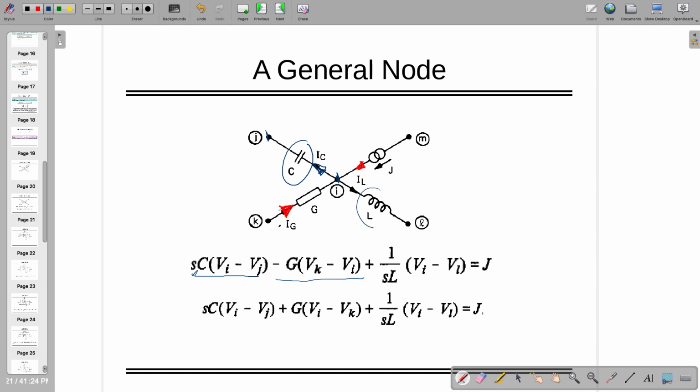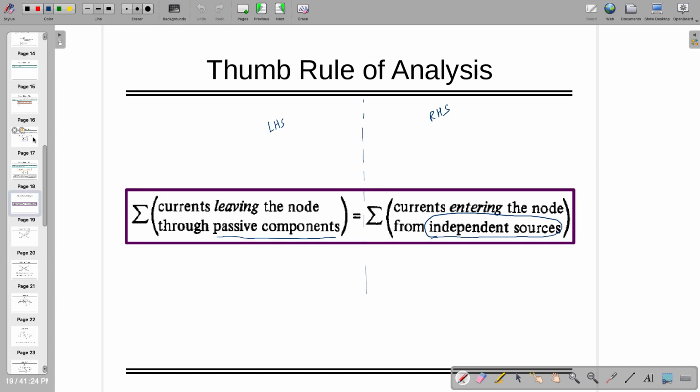Plus this inductor, 1 by sL times (Vi minus Vl), where the direction is the other side, so it's plus, and it is equal to J, because the current is coming inside and we are following the agreement of this equation.